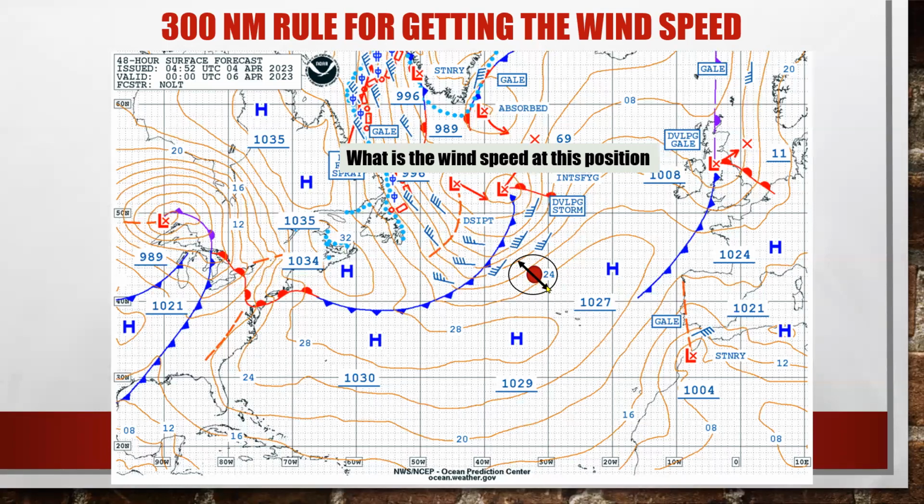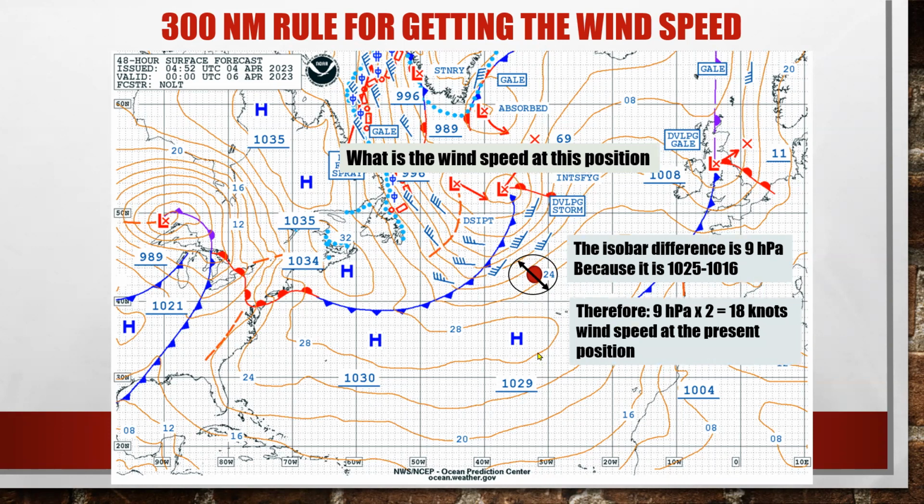Now I will see that it's 1025 here, and this one is here 1016, so we have 9 hectopascal difference between 1025 and 1016, which is this isobar. Therefore we multiply it, because we have 50 degrees, and as we saw before, 50 degrees means we have an X factor of 2.